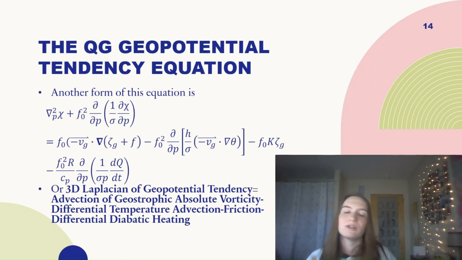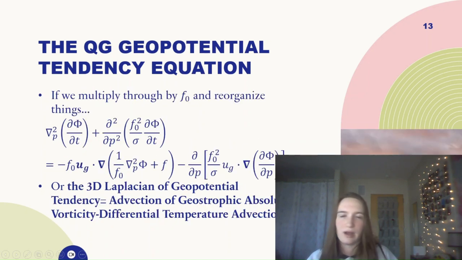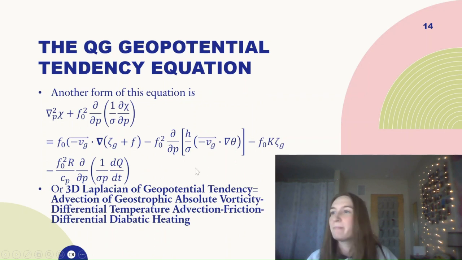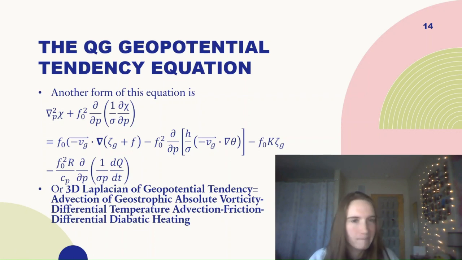And then I've also added two extra terms in here. I've got friction in here, that's this term, and the differential diabatic heating, that's this term. We're going to talk about this expanded equation, but many, many times you're going to neglect these last two terms, which is why I didn't have it in this equation. But I've put them in here because we'll talk about them very briefly, but you're very likely never going to use them, and we'll talk about why.